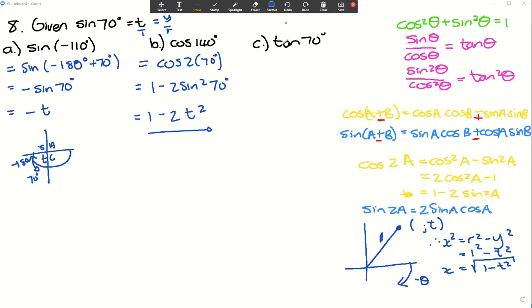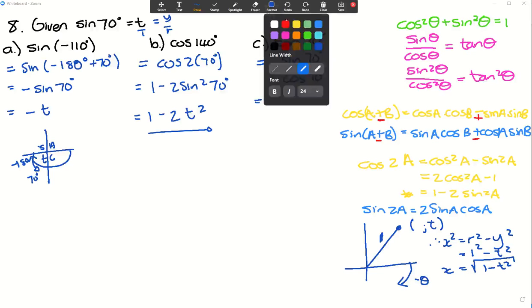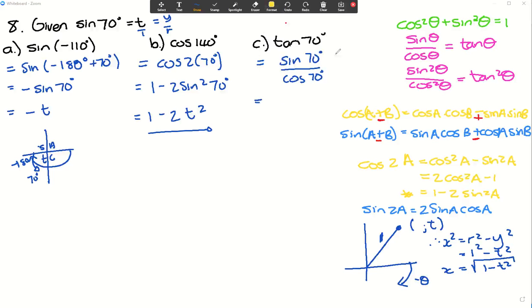Here we end up having tan 70. We know that tan is the same as writing sine 70 degrees over cos 70 degrees. It's another ratio that we have. According to our trig ratios, sine is y over r, over cos, which is x over r, and we know what that ratio is.